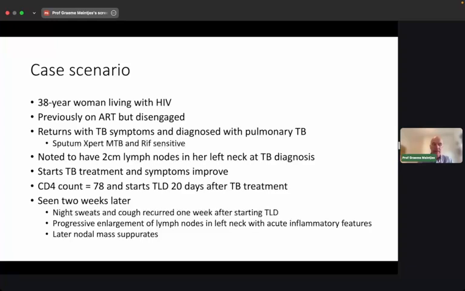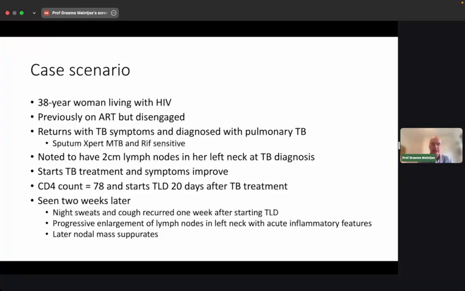That's just on examination. She starts TB treatment based on the diagnosis and reports that her symptoms are improving. CD4 count is found to be 78, and she starts TLD 20 days after starting her TB treatment. So roughly 3 weeks delay between TB treatment and ART.